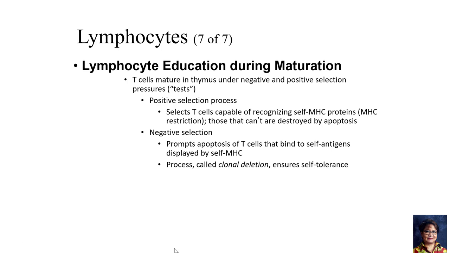So T cells mature in the thymus under negative and positive clonal pressure tests. This is pretty much how they are tested when they become immunocompetent. There are two processes. One is the positive selection process. This is where selected T cells capable of recognizing major histocompatibility protein are spared from destruction by apoptosis.